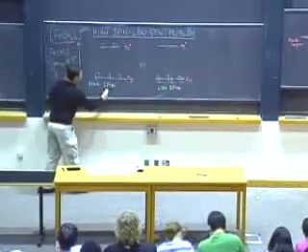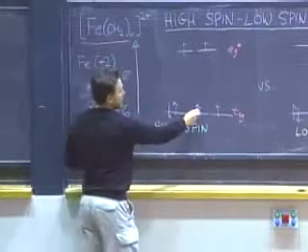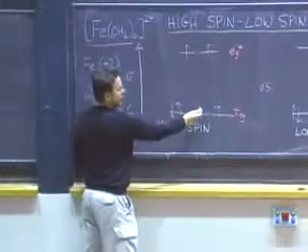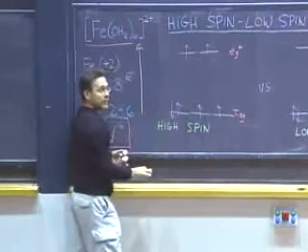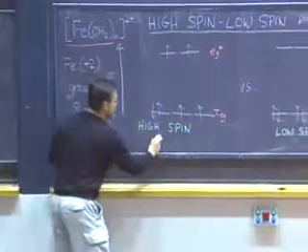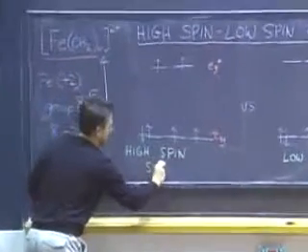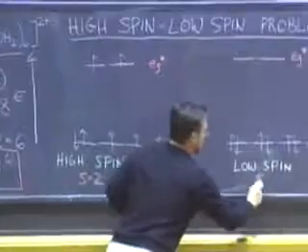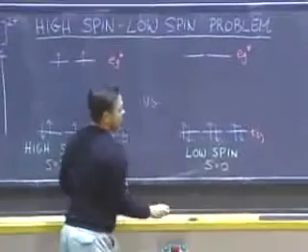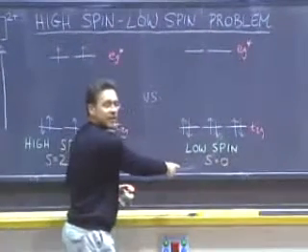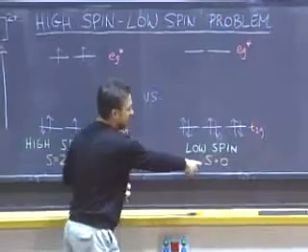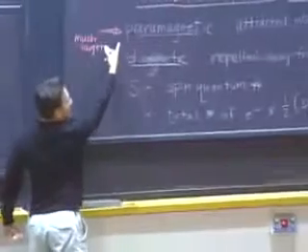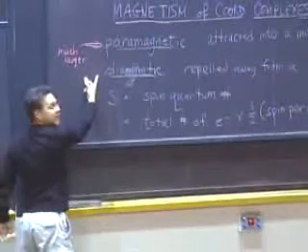Let me just say here that we have 4 unpaired electrons in d6 high spin. We have 1, 2, 3, 4. So that makes this an S equals 2 case. And over here we have S equals 0. And so this one on the right, this low spin case, is S equals 0. So we would say that this is not paramagnetic. It's going to be only diamagnetic.